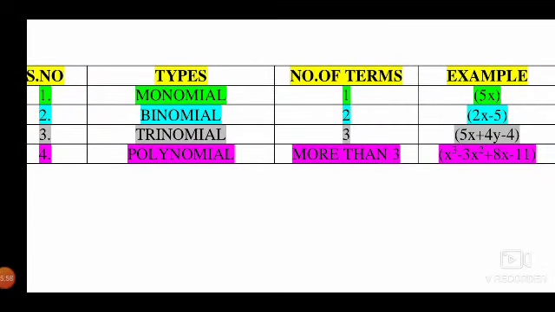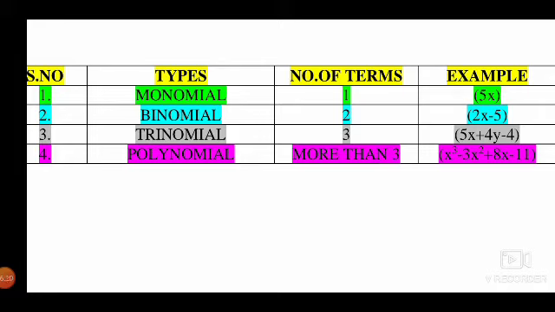More than 3 terms is known as a polynomial. 4 terms, 5 terms, 6 terms, 10 terms, 12 terms, 25 terms, whichever it is, we say polynomial in general. Let us see an example: x cube minus 3x square plus 8x minus 11.